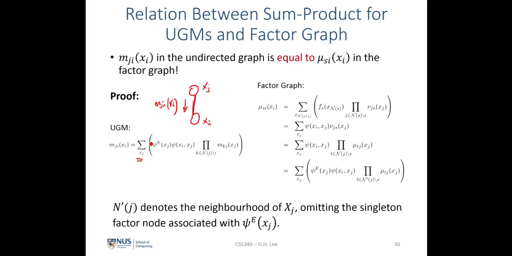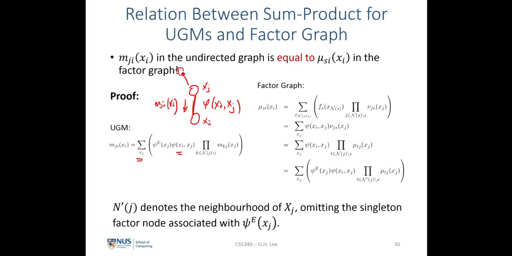I will do this marginalization over the unary potential of xj, or the evidence potential of xj, as well as the binary potential denoted by this edge over xi and xj, multiplied by all the messages that are coming into this random variable node xj.